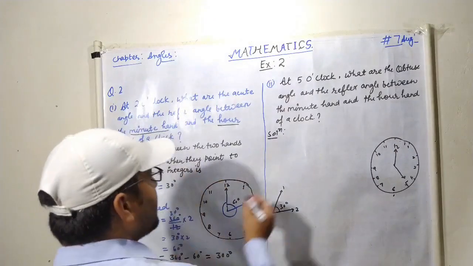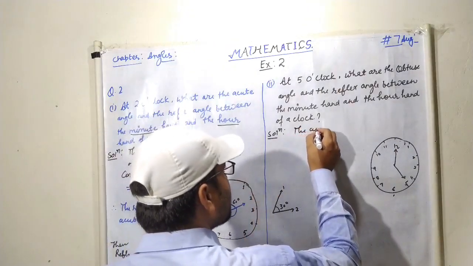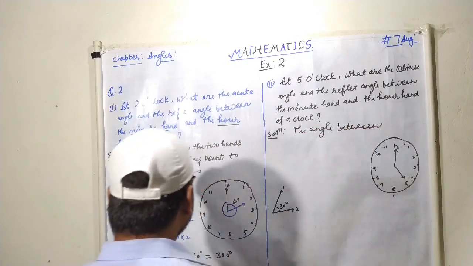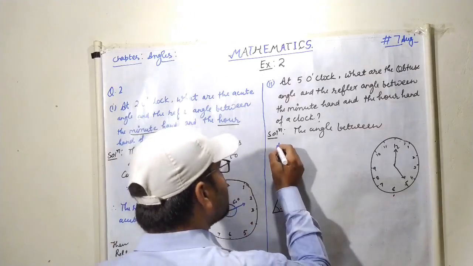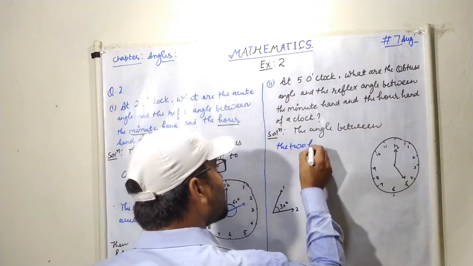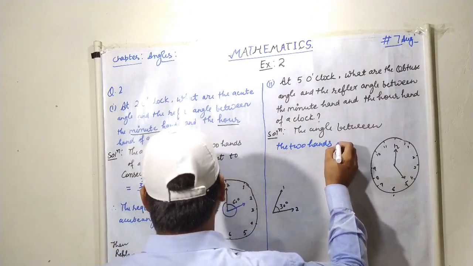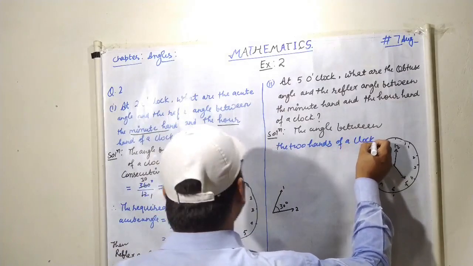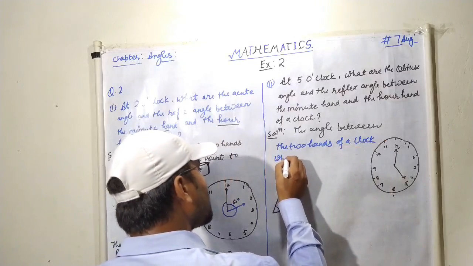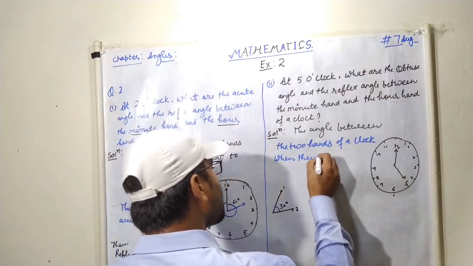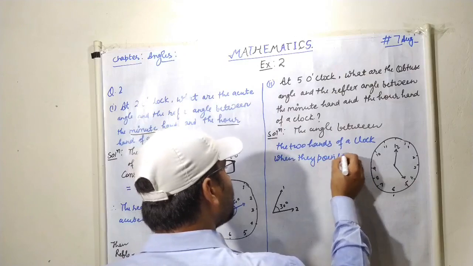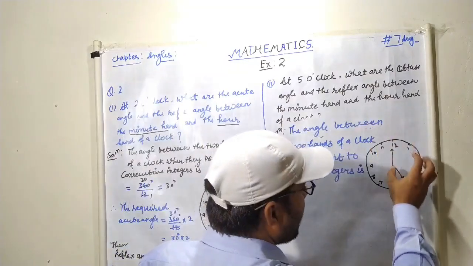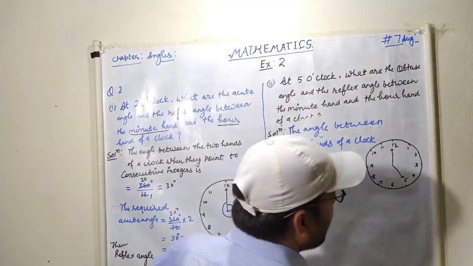So on this line you will write the angle between the two hands of a clock when they point to consecutive numbers. What is the angle formed by this minute hand?